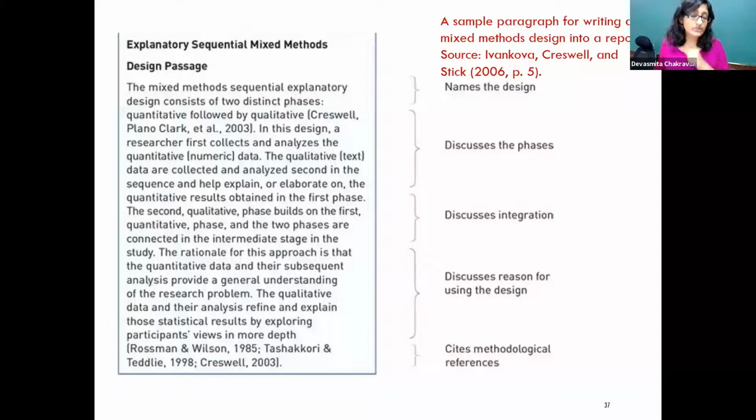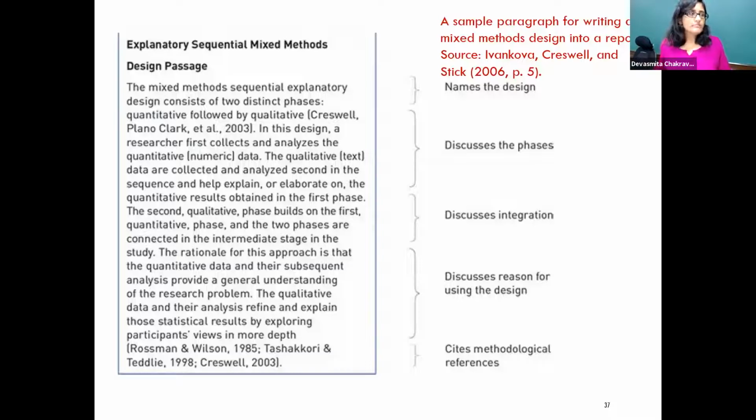That is the methodology. Someone was asking me what's the difference between methods and methodology. Methodology is the theory behind why you are using a certain method. And then you cite some methodological references. So remember, in a paper, we do a literature search for the content of the paper. But for the methodology part, you also have to do a lit review for the methodology of the paper.